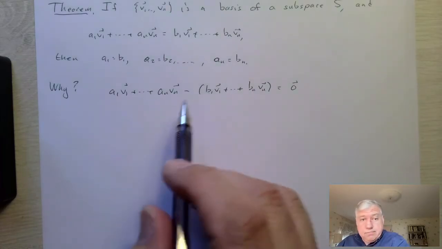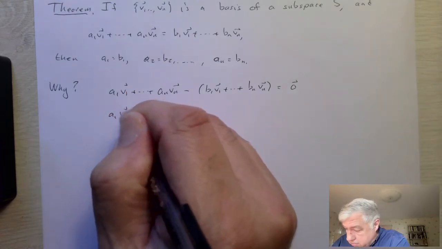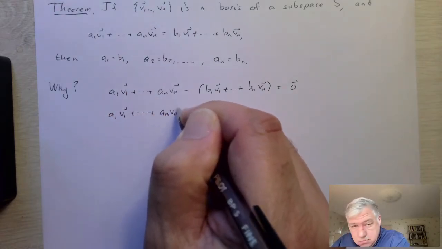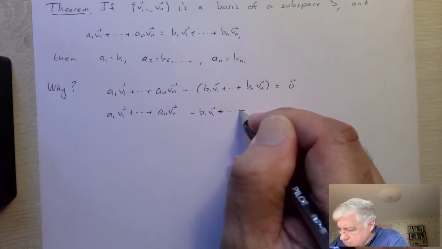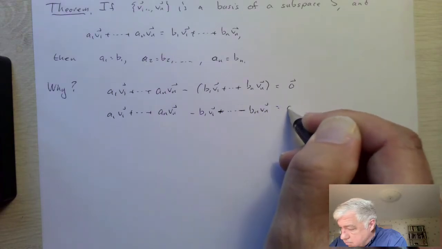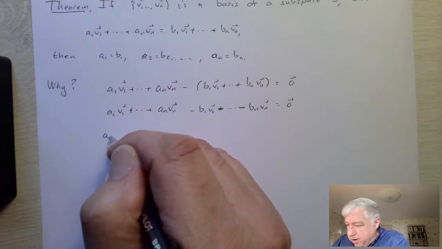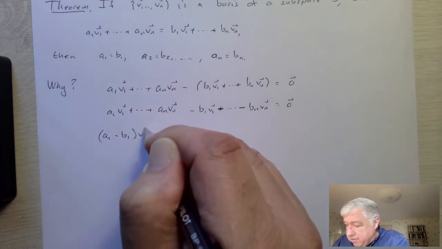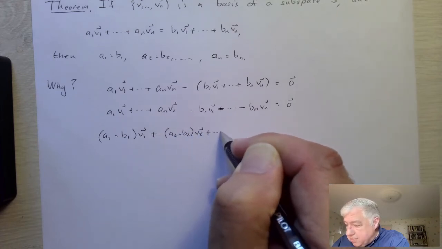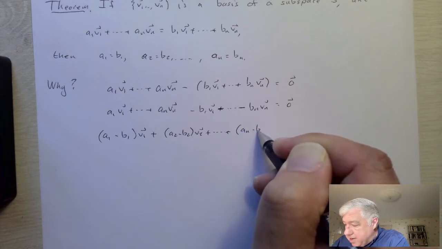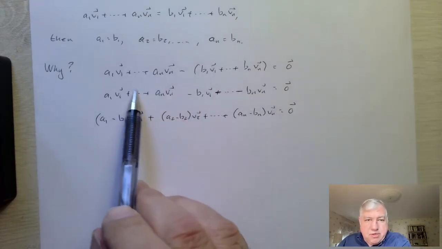And then we can distribute this minus sign and group the V1 vectors together, so this will be (A1 minus B1) V1 plus (A2 minus B2) V2 plus dot dot dot plus (An minus Bn) Vn equals 0. Okay, the A2s and the B2s are somewhere in these dot dot dots.